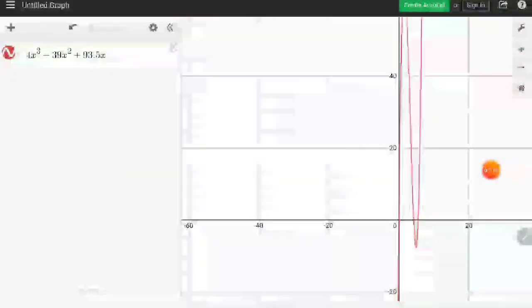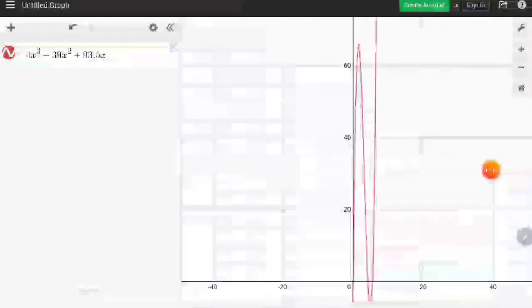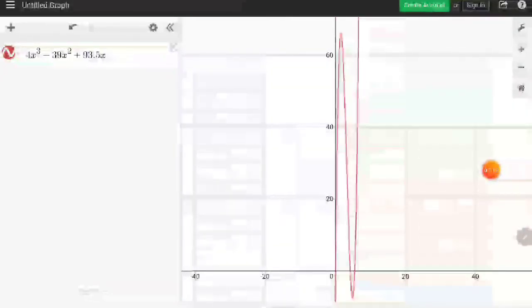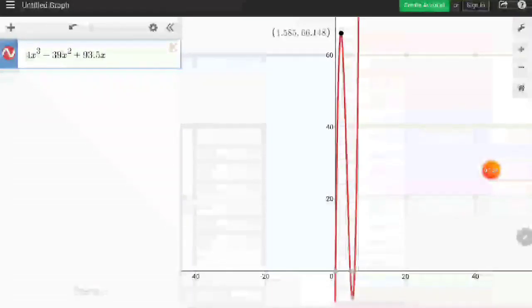What I'm looking for is the local max. There we go, that's a good picture. We have an upper hump up here and a lower hump. The local maximum is this upper hump, and it'll tell us the right amount to maximize our volume.